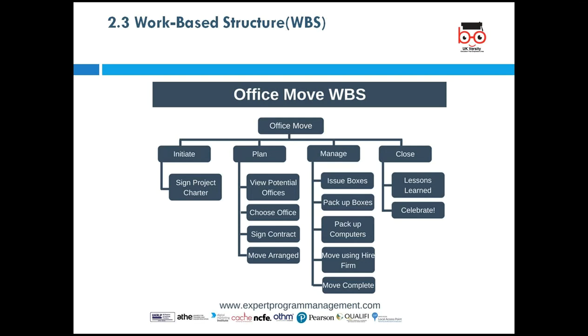Again, I've got this in line with the assignment we're going to do, because the task requires that we move from London to Banbury in Oxfordshire. So this is a work breakdown structure. That is, you've broken down the work so that it will be easier to manage. So on top is the office move, and that is our main project.